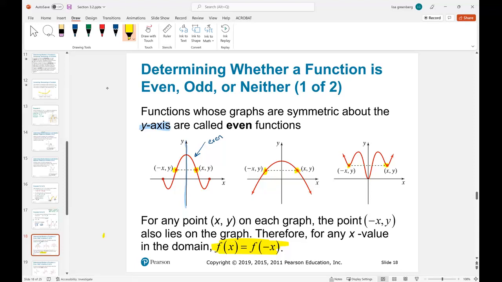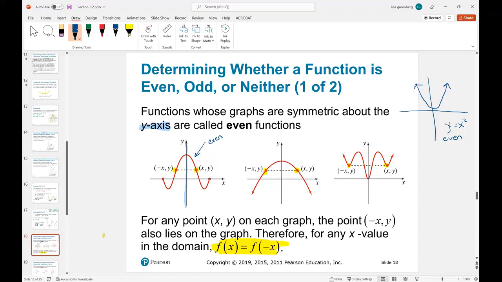So something that's even that you've seen, and think about why it might be called even: a parabola looks like this. It's symmetric around the y-axis. It's y equals x squared, and it is even. So you can think about even as like x squared because the exponent is even.